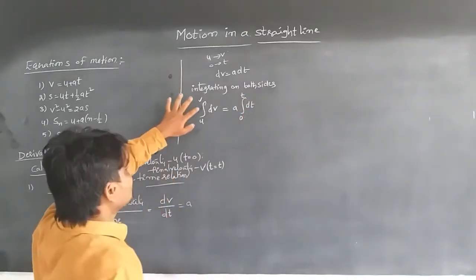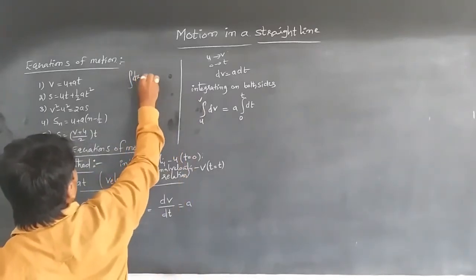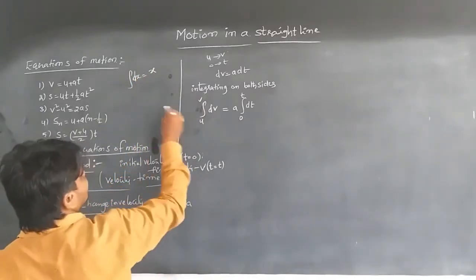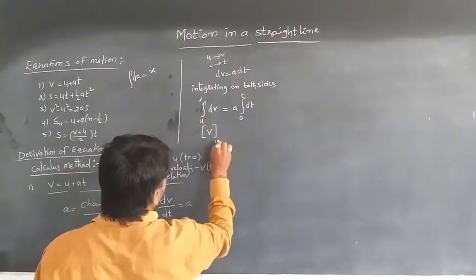Whenever we integrate dx, we get x. Here the integral of dv is v between the limits u to v.